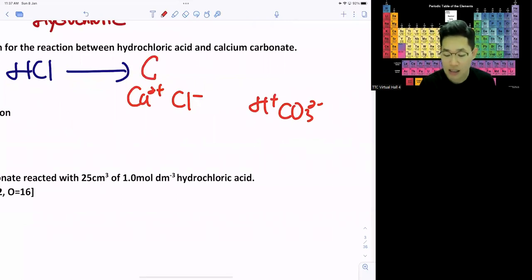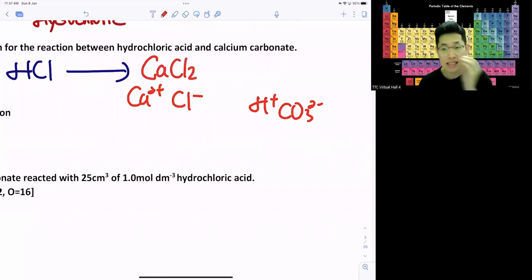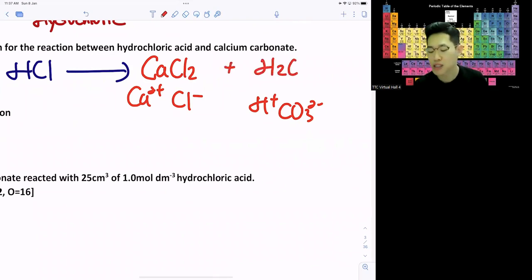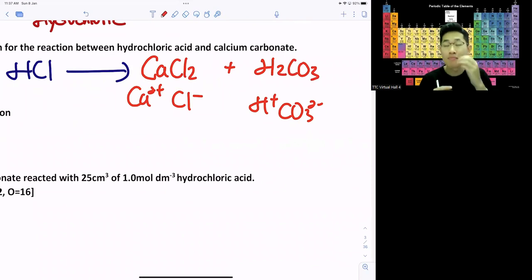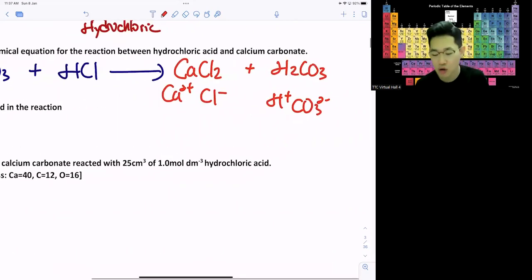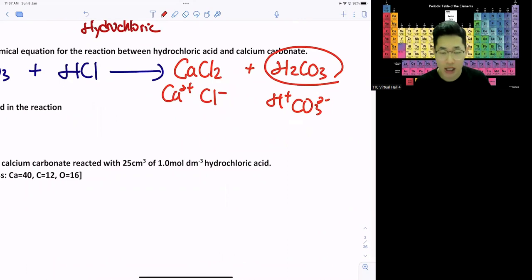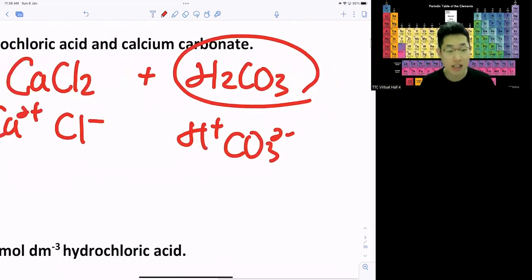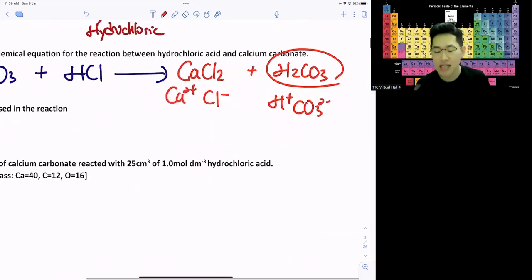Ca2 plus and Cl minus will get us CaCl2. Okay, and then H plus CO3 2 minus, a lot of people will write H2CO3. But please remember, I told you before, for acid plus carbonate, it actually does not give H2CO3. In your syllabus you basically have almost no chance to write H2CO3. So every time you get this H2CO3, please don't write it down as H2CO3.